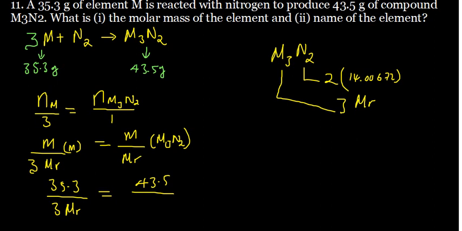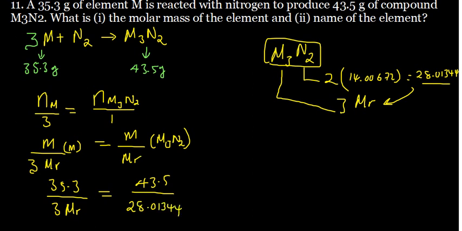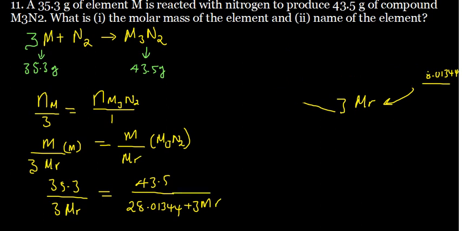That is going to give us 28.01344. So the molar mass of this compound is the sum of this value and this value which is here. So I'm going to say 28.01344 plus 3 molar mass. This molar mass I'm writing is the molar mass of M, and that is what we want to find.